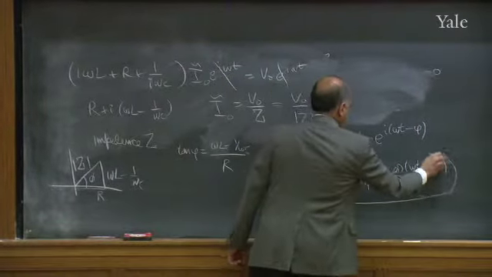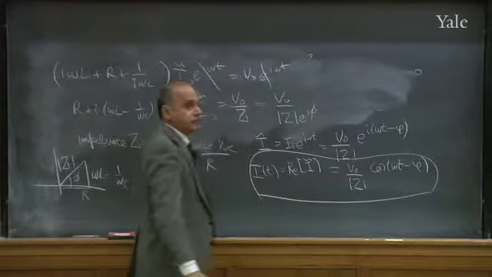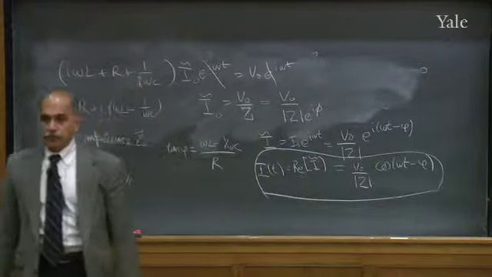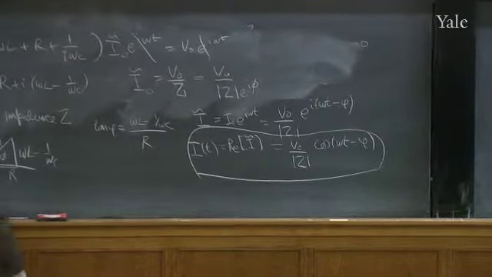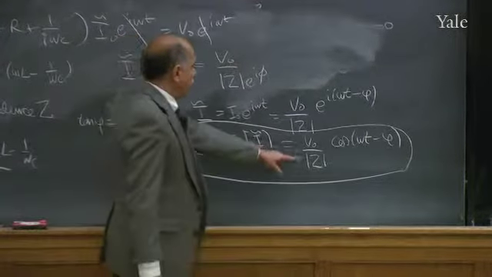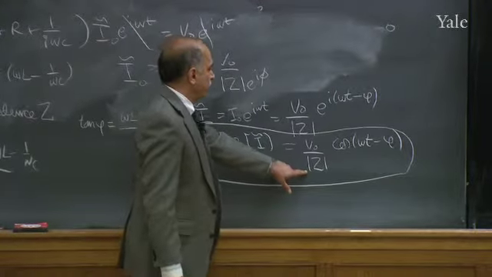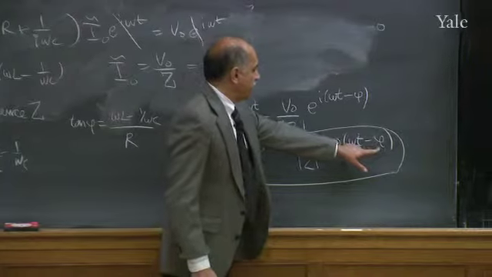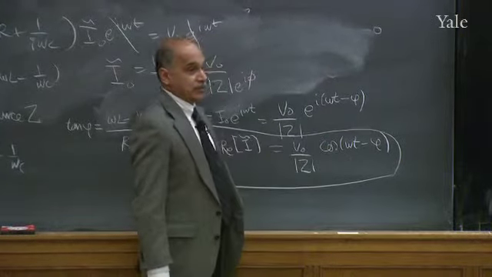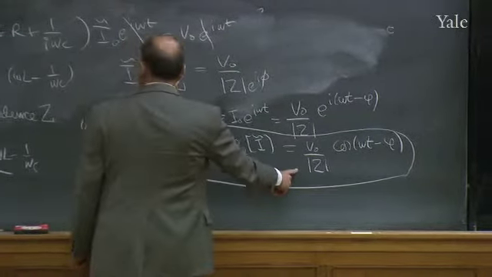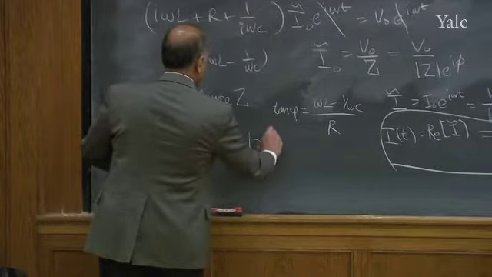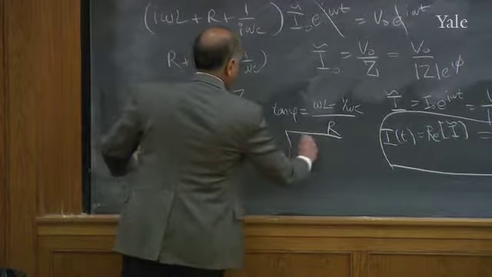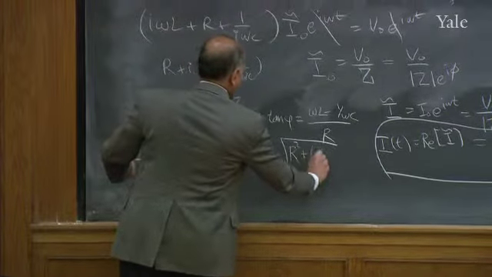That's the final answer you get. This tells you that the current has a magnitude, which is V0 over the absolute value of Z, and it's got a phase φ by which it is behind the driving voltage. The magnitude of Z, as in any complex number, is simply the square root of real part squared plus imaginary part squared.